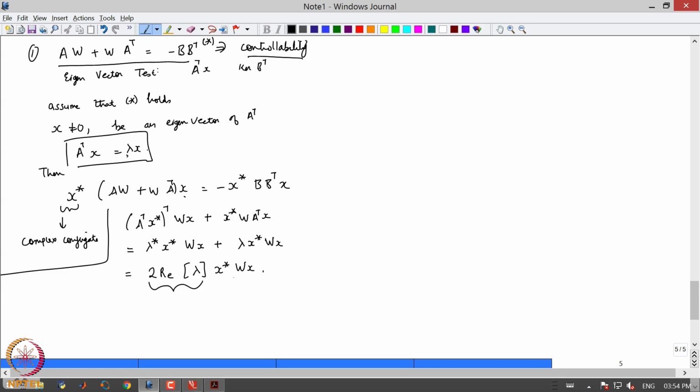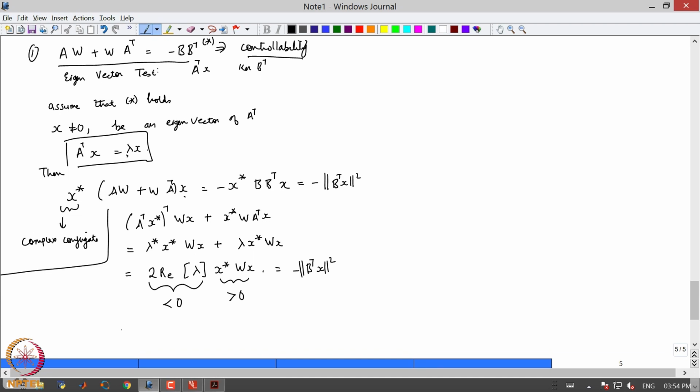Not only that, W is positive definite, so x star W x should be positive. What do I have on the right hand side? This x star B B transpose x can equivalently be written as minus norm of B transpose x, whole squared. On the left hand side, this is strictly less than 0, this is greater than 0, and the product is strictly less than 0 because of the assumption that A is a stability matrix.